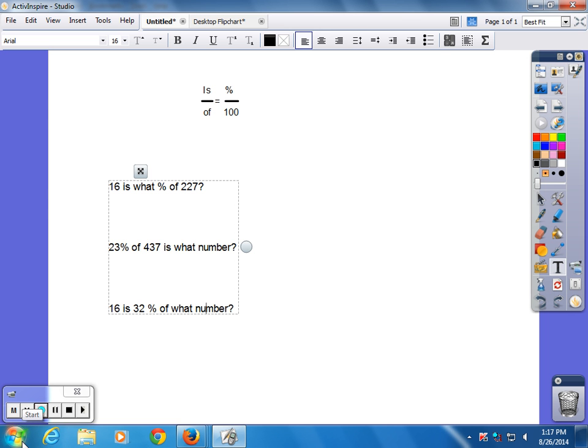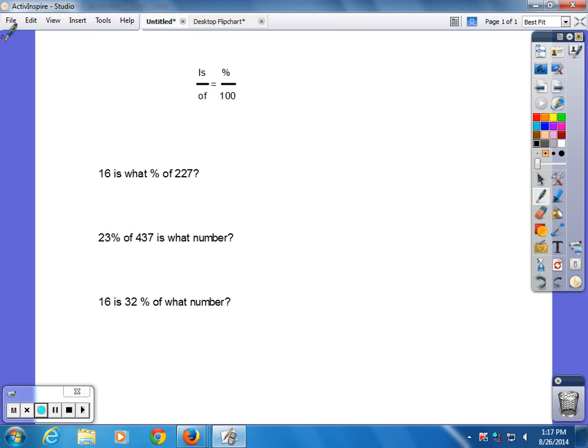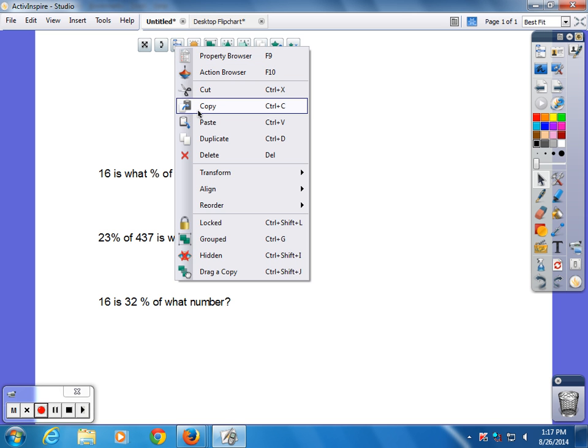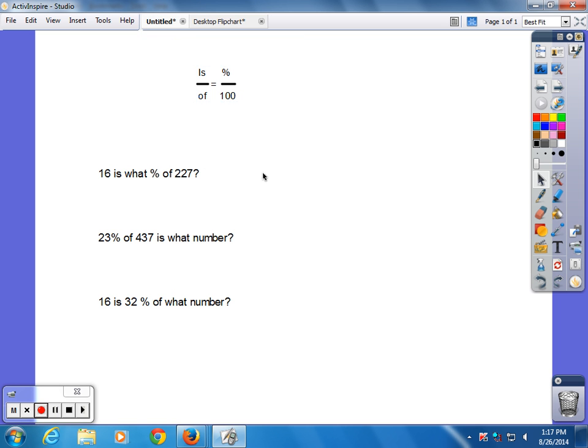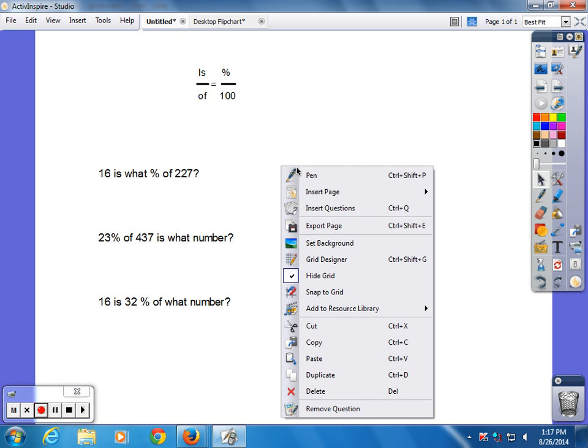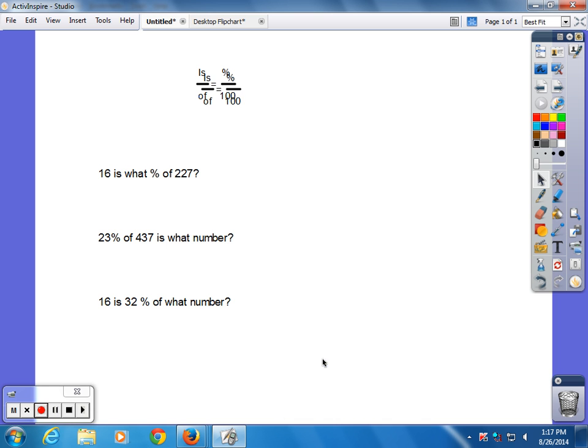Okay, so the percent is 7 and the of is 227. Where does the 16 go? That goes over the 16. So what I'm going to do is copy this, copy paste, get down here and paste.